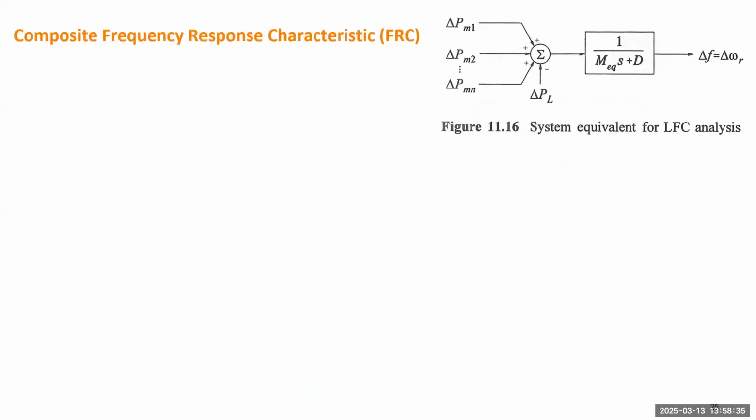Okay, so next we can talk more about the frequency response characteristic for the entire system, not just a single power plant. If I have many power plants, like N power plants together to support the load of the system, and if we study how the frequency changes, and if we don't need very accurate simulation, we can just calculate the total inertia.